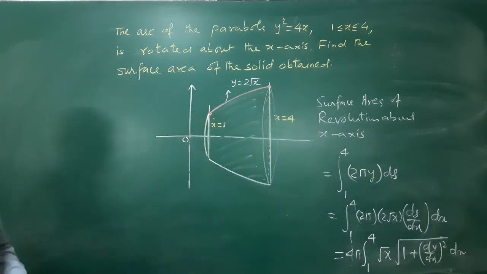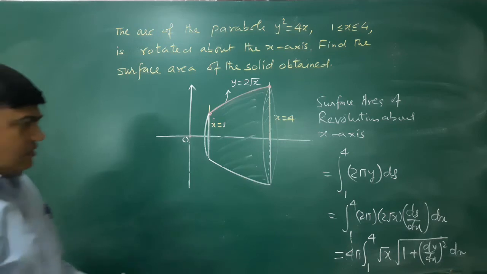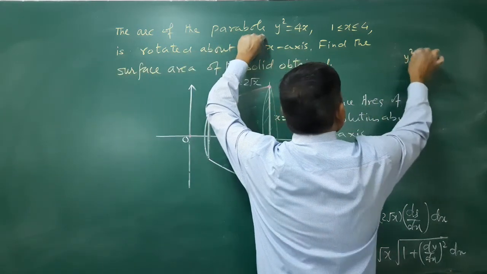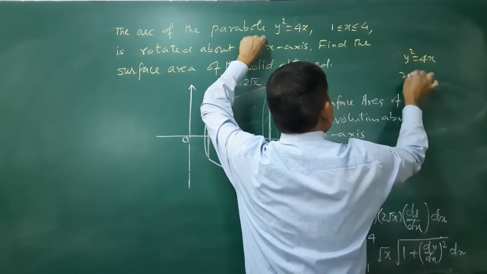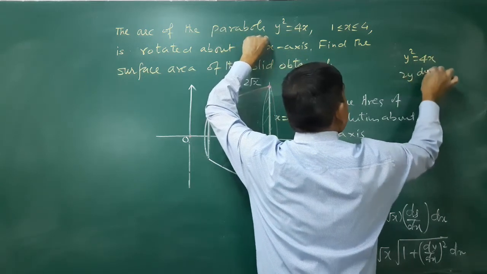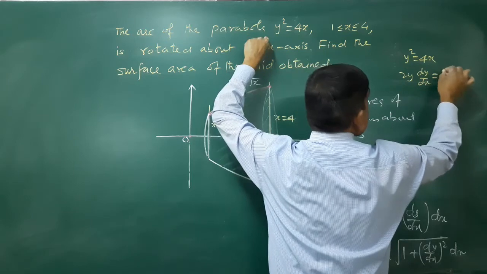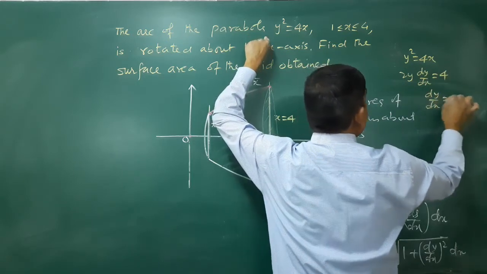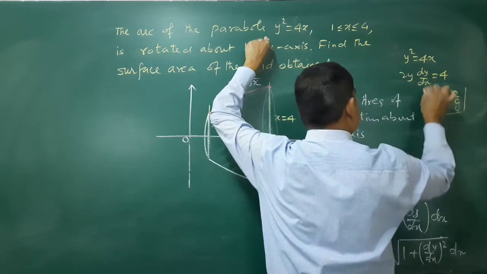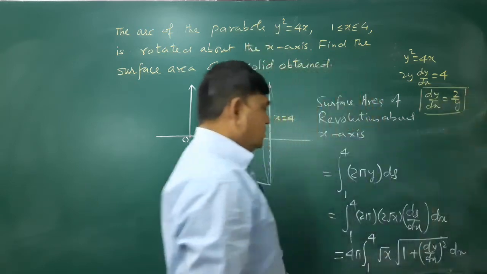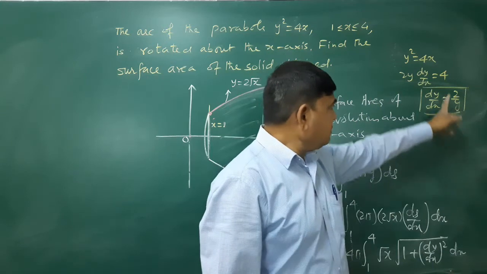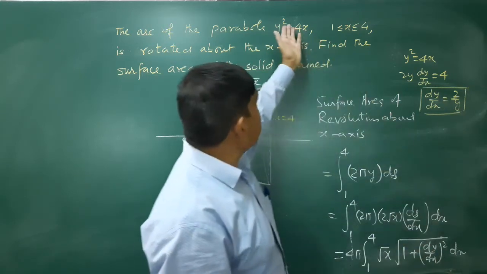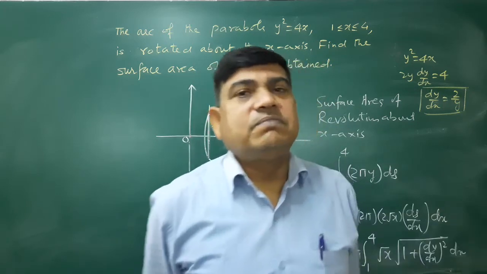Now y square equals 4x, so 2y dy by dx equals 4, so dy by dx equals 2 upon y. Now you just place the value here. Dy by dx is 2 upon y, so it is 4 upon y square, and instead of y square you can write 4x. Then you can simplify this.